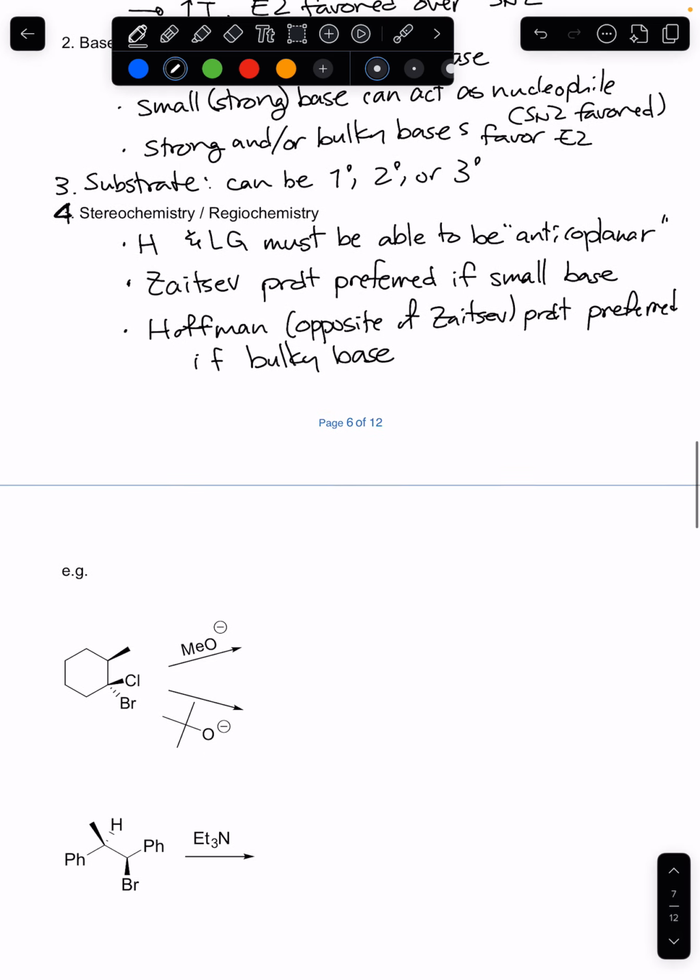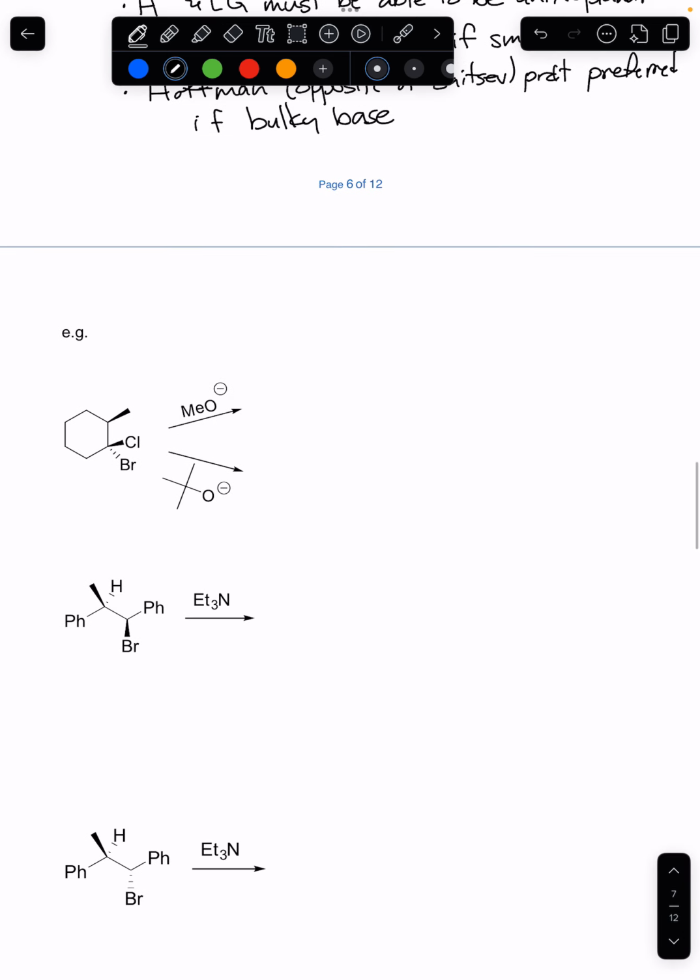Okay, so let's think about some examples here. Here's an interesting substrate. There's potentially two different leaving groups. And let's say we're going to use methoxide, which is, of course, a strong but small base, right?